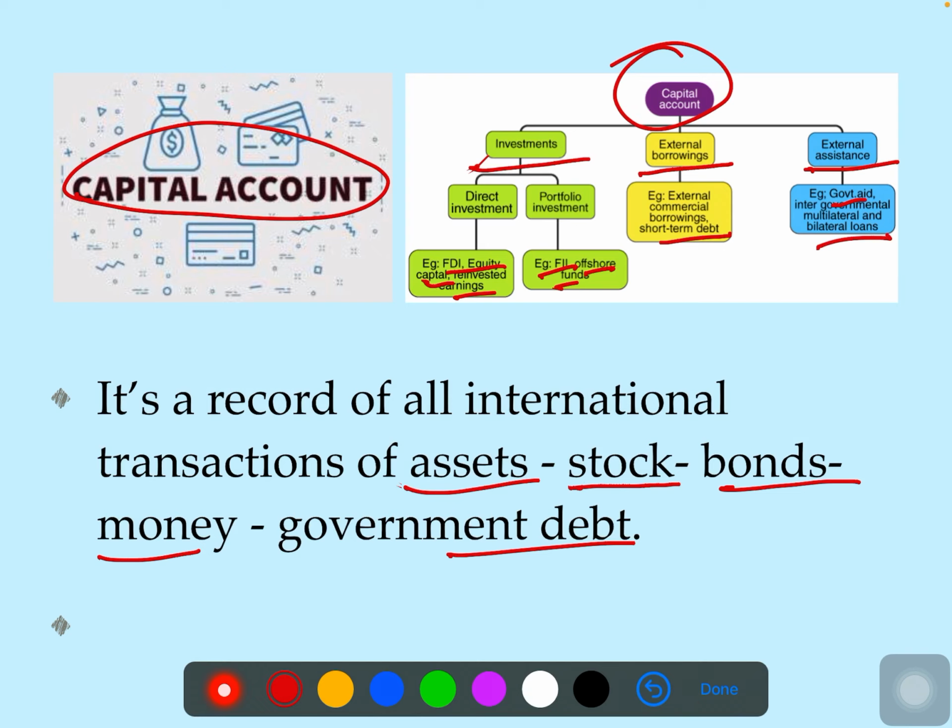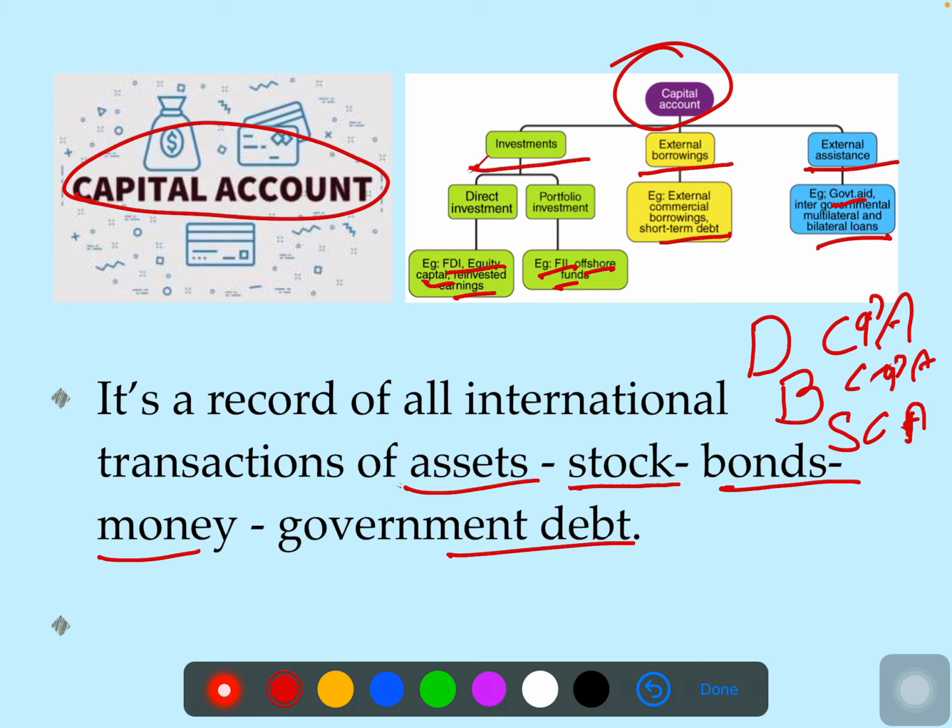When we maintain a record of all these, here also we talk about deficit, balanced and surplus: deficit capital account, balanced capital account, surplus capital account. Again it is the same thing.